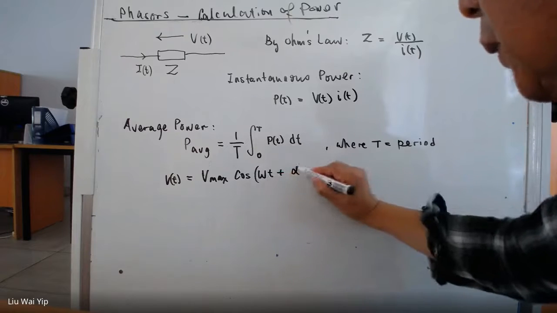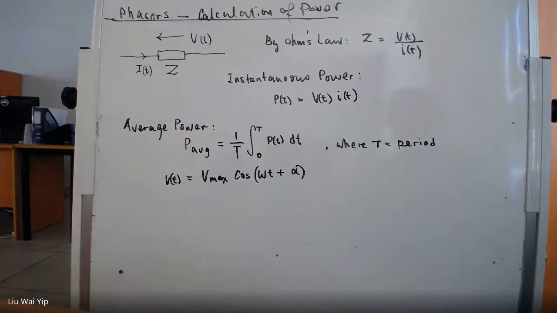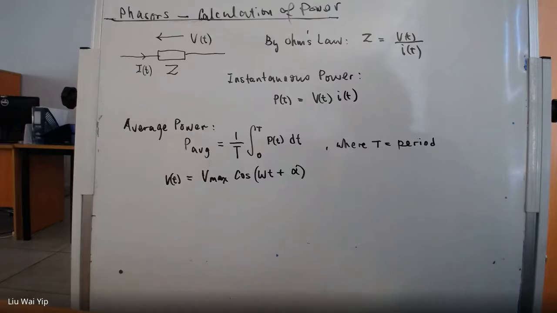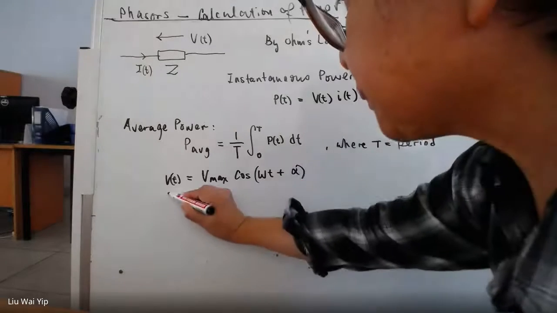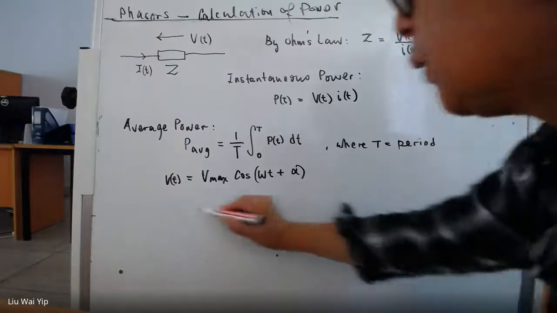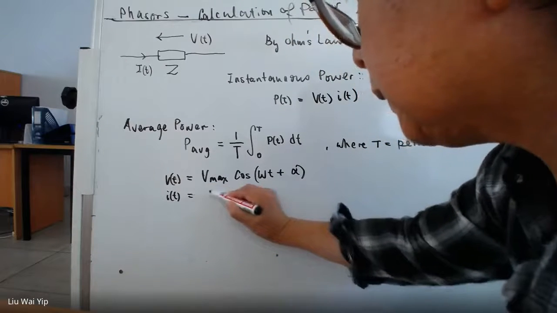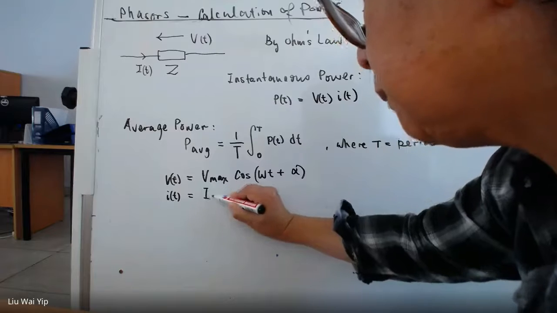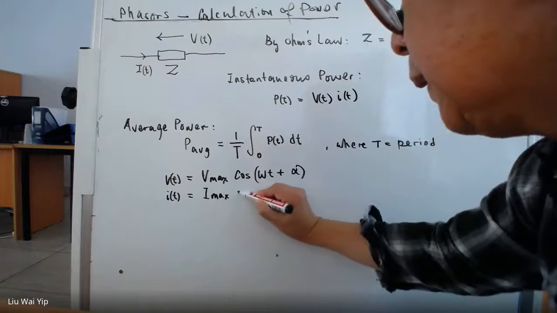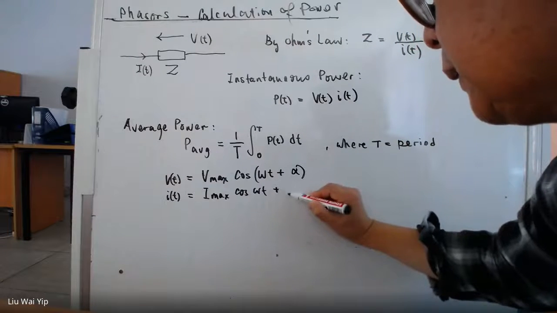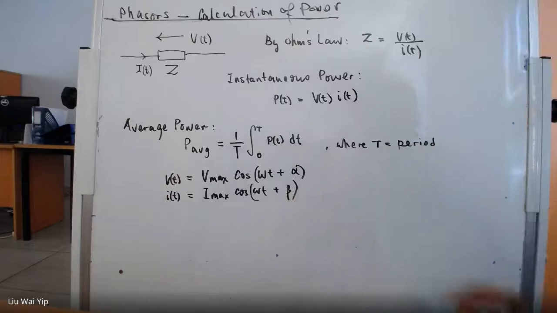So this is the voltage expression in time domain. And how about the current? The current will be like this: I max and then cos omega t plus say beta in this case.